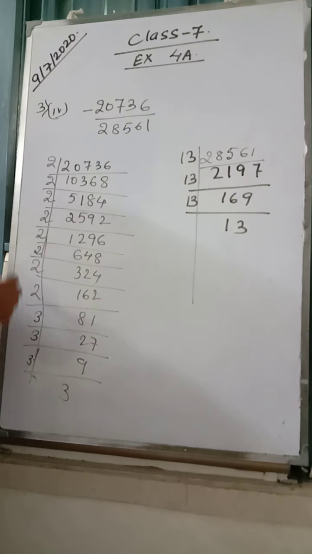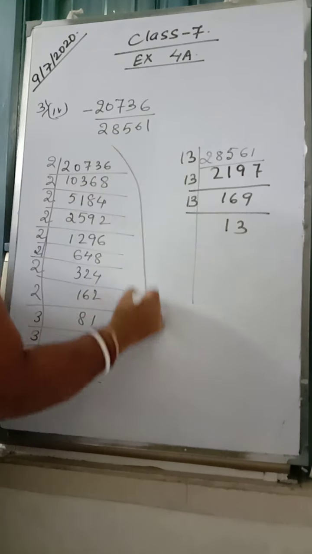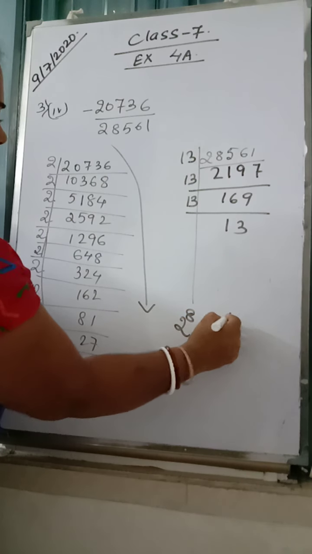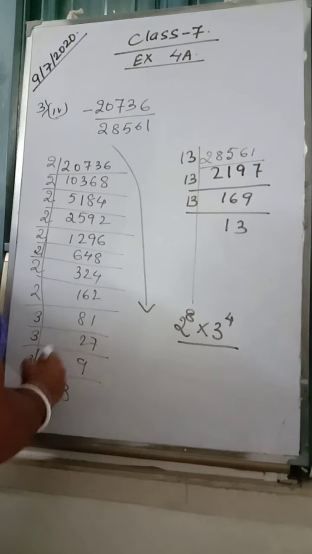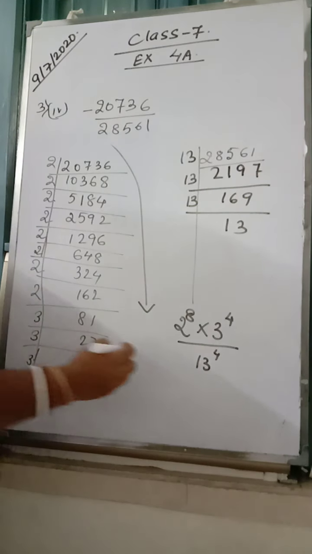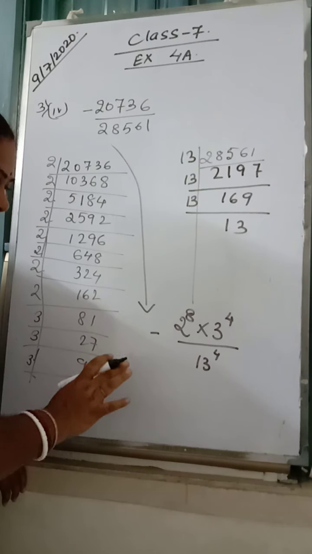For 3 we have 4 and for 2 we have 8. So we are getting 2 to the power 8 into 3 to the power 4 by 13 to the power 4, and there is a minus sign because the powers are even, so I'll be writing the minus sign.